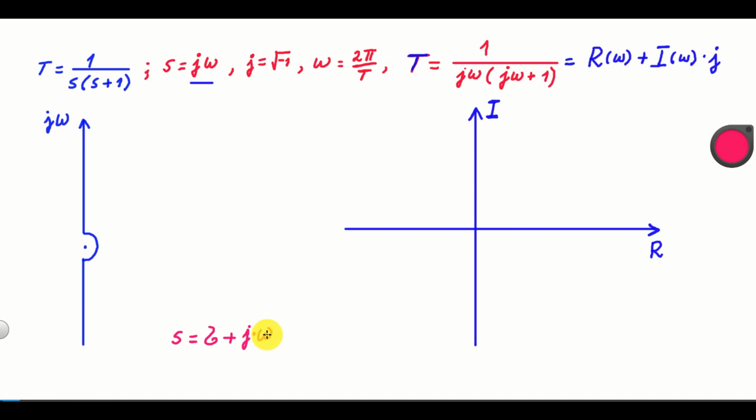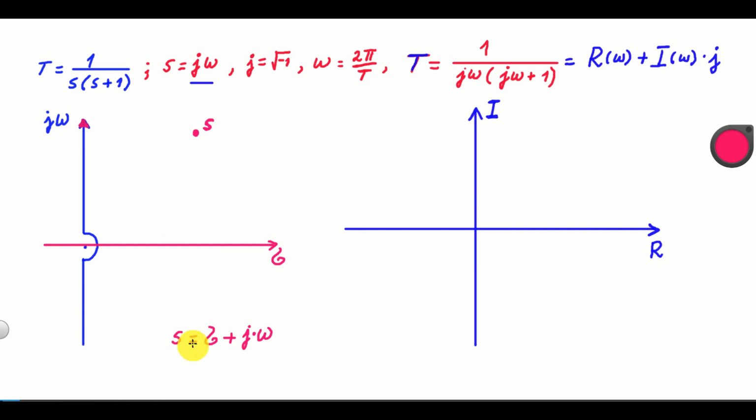At the same time, omega is our angular frequency. S can be represented as a point in this plane over here. Here's the real axis denoted by sigma, and over here I already sketched the imaginary axis. Here it is. And S is a point over here, for example.